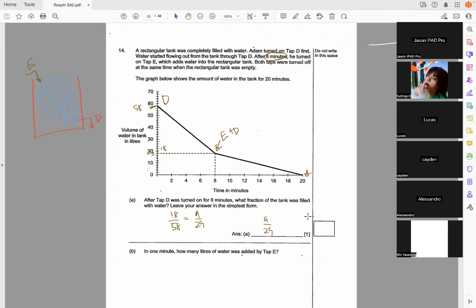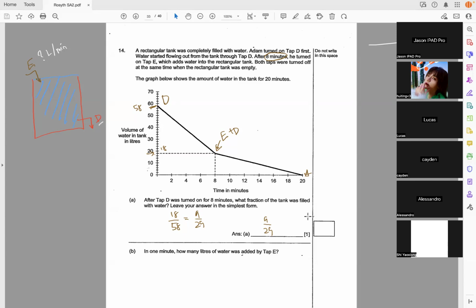So they are asking you what is the rate, which is liters per minute, that is pouring out from tap E into the tank. So let's find out what's the rate of tap D.